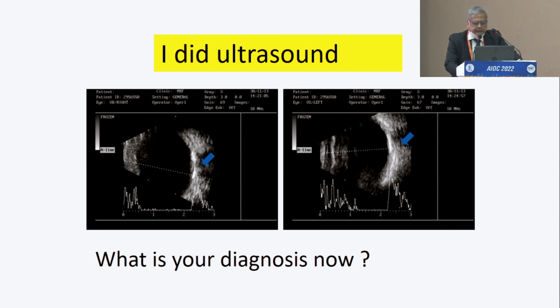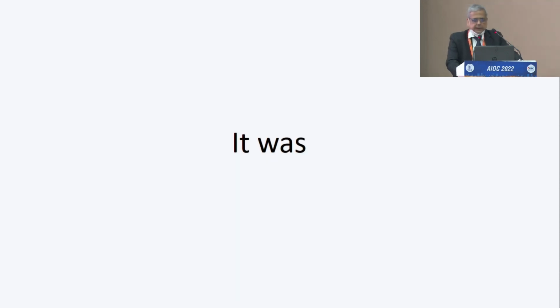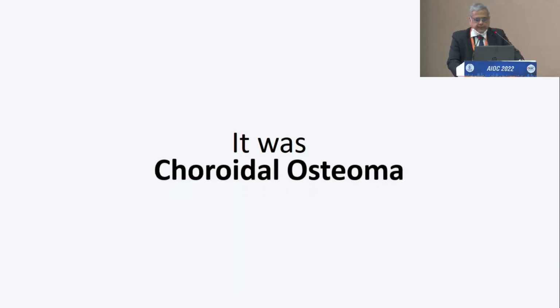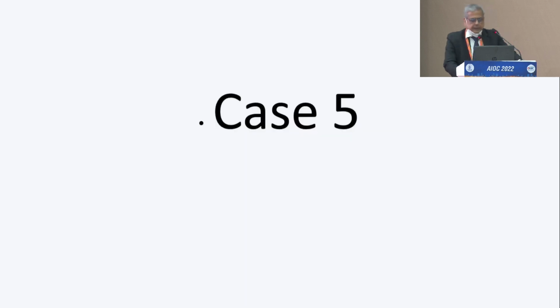I did an ultrasound and found highly reflective lesions, and a CT scan confirmed the diagnosis: this was not serpiginous choroiditis, it was choroidal osteoma. Always keep an open mind. Don't be carried away by the diagnosis the patient brings with him.